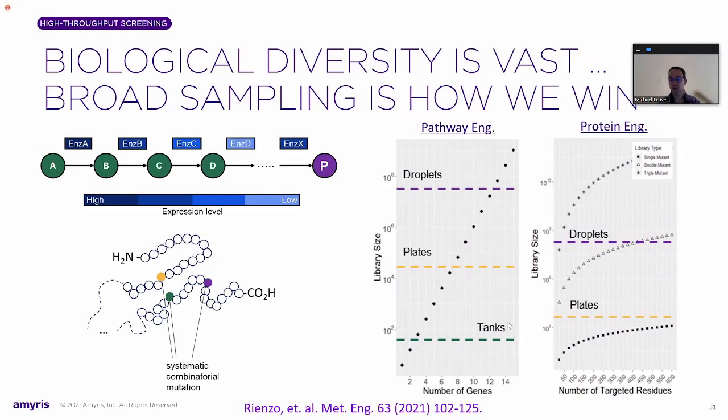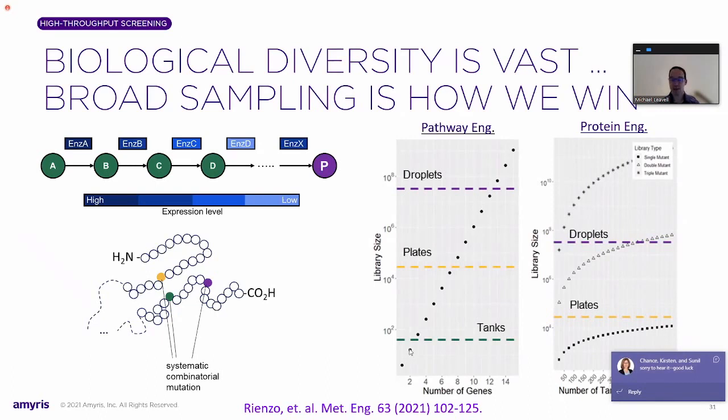And so we said, if the standard is the standard that Amyris has, which is 156 tanks or the ability to analyze 7 million strains per year, and we wanted to do an experiment in 1 week, how many genes could we optimize at once using either only tanks or plates, or in the case of microfluidics, droplet microfluidics.